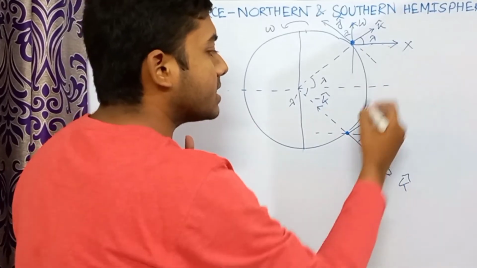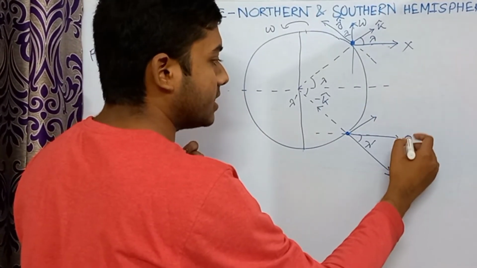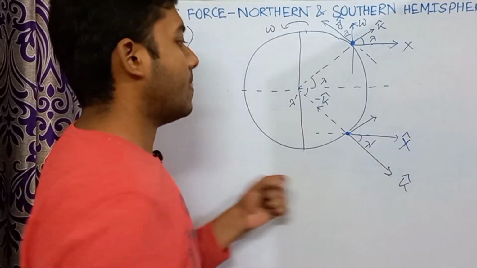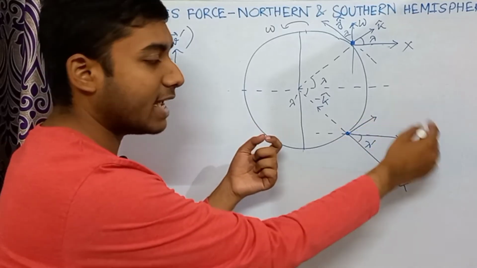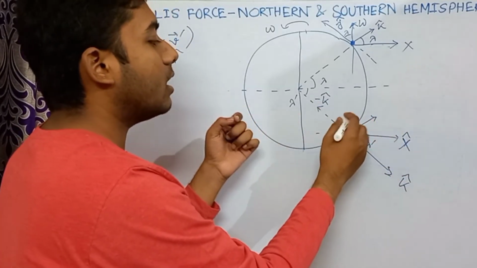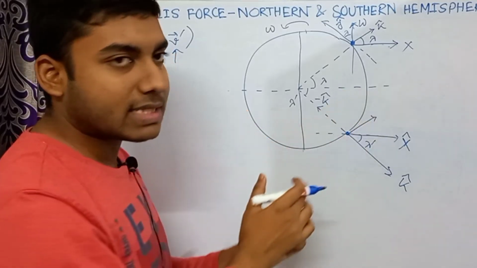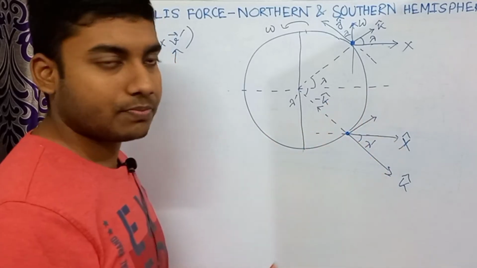Like this is our x cap, this will also be our x cap in this case, and for west this x means inside the board. And for west the direction is minus x cap, that means towards you, perpendicularly outward from the board.